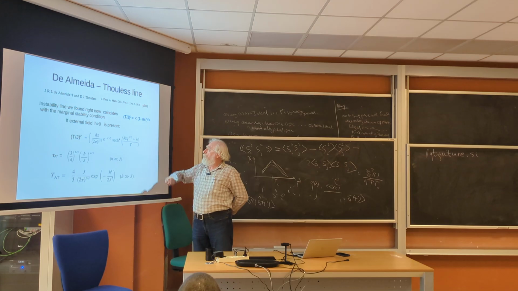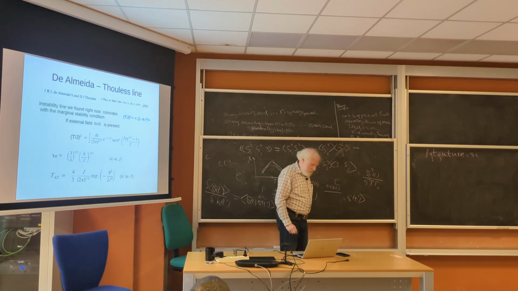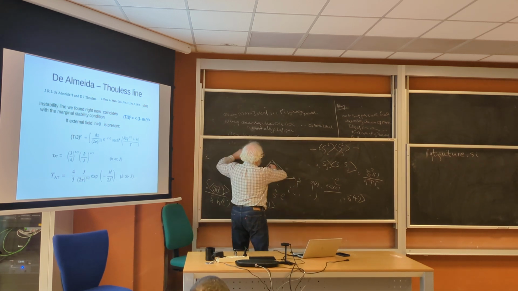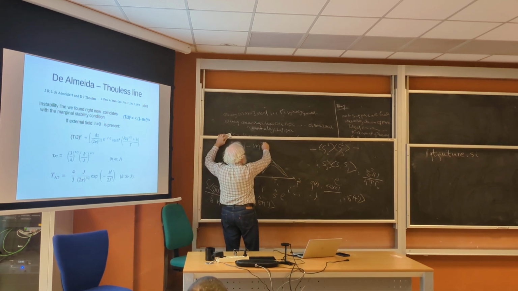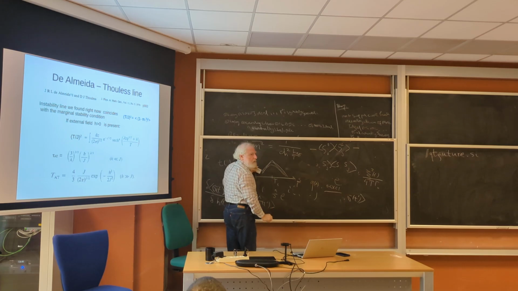Then this 1 over cosh squared average is nothing but the cosh of the effective field divided by temperature.